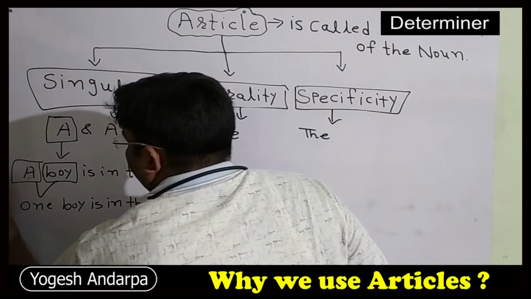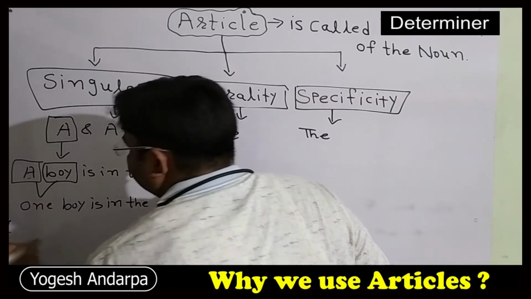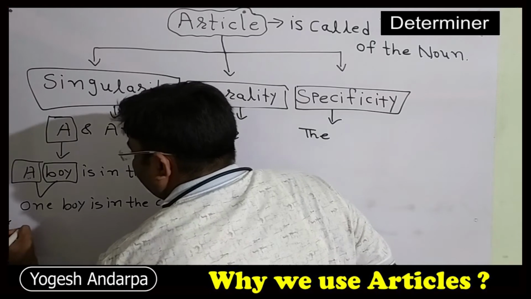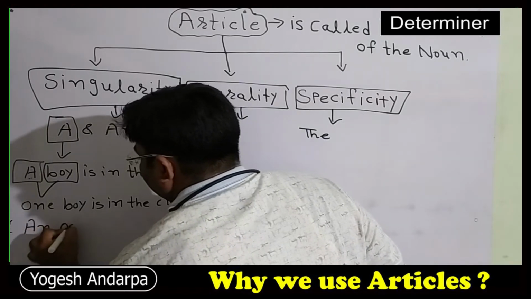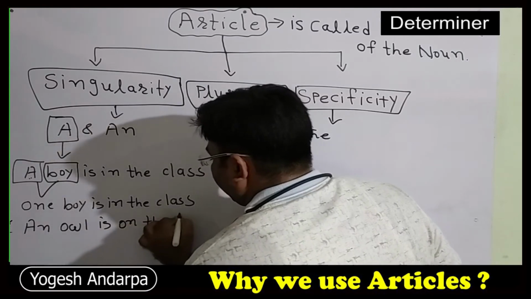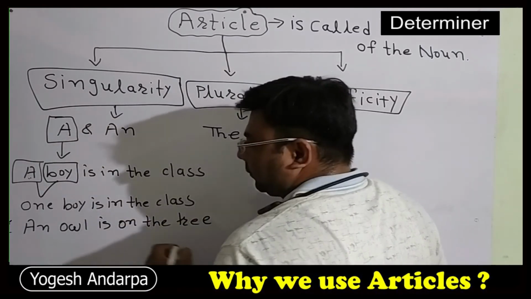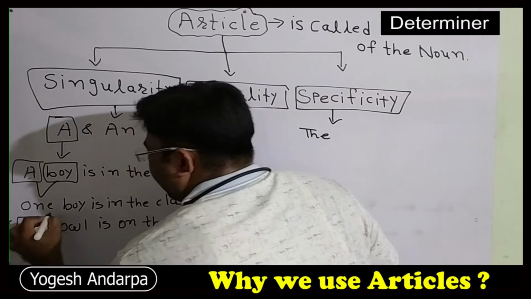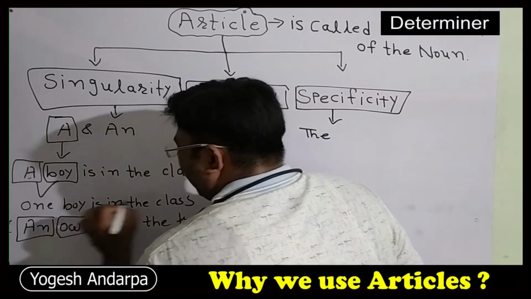Let's take another example. An owl is on the tree. So, article an and noun owl.